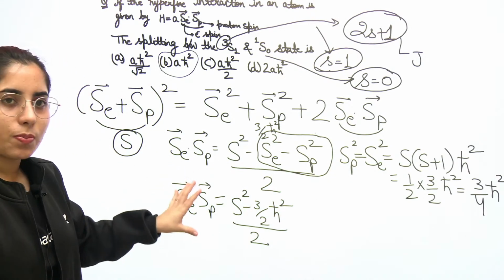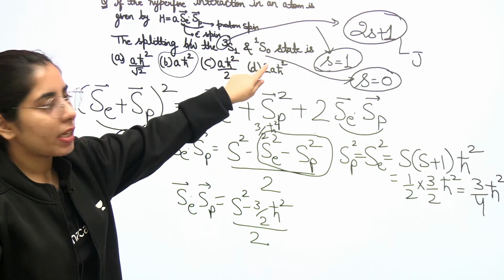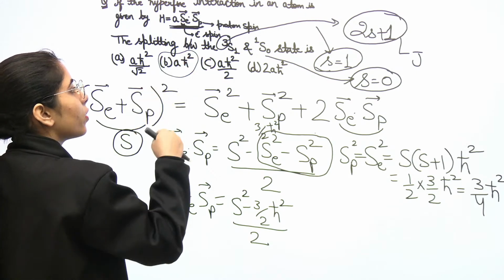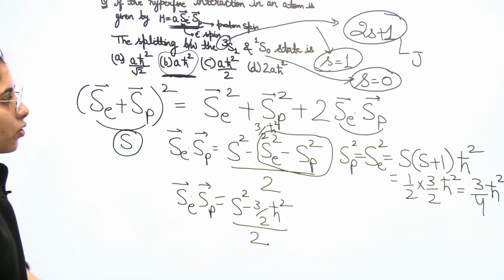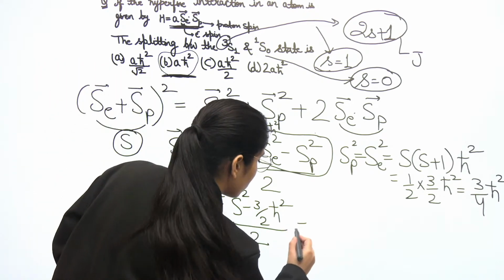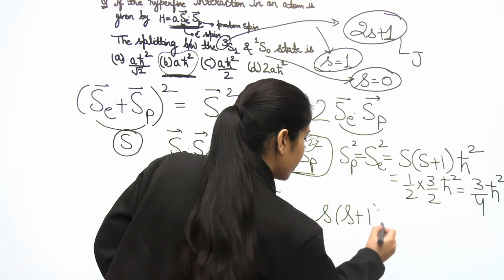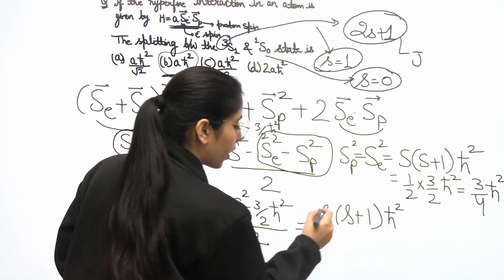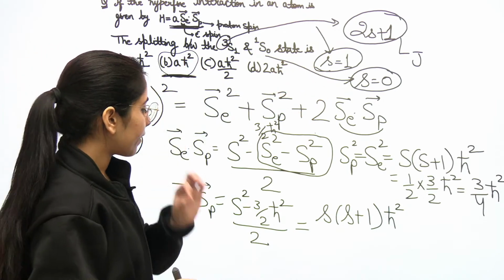After putting these values of S one by one in this formula, get the Se dot Sp value for 3S1 and 1S0. Then put that value in this expression and take their difference. When you find the difference, you will get an h cut square. Once put S equal to 1, other time put S equal to 0, then take their difference.